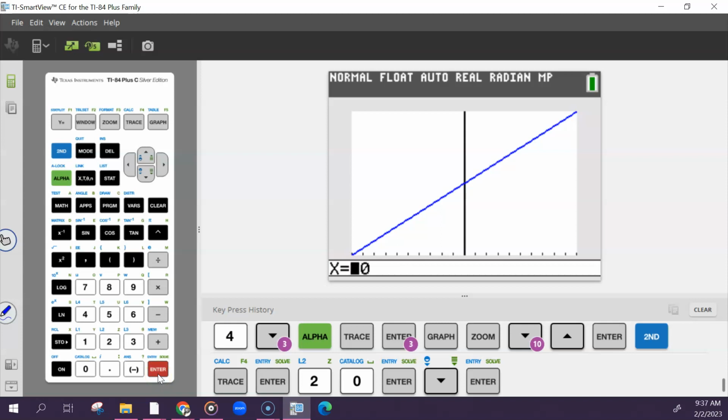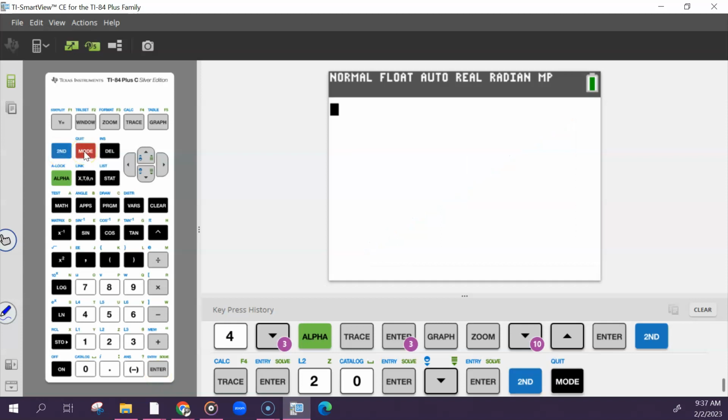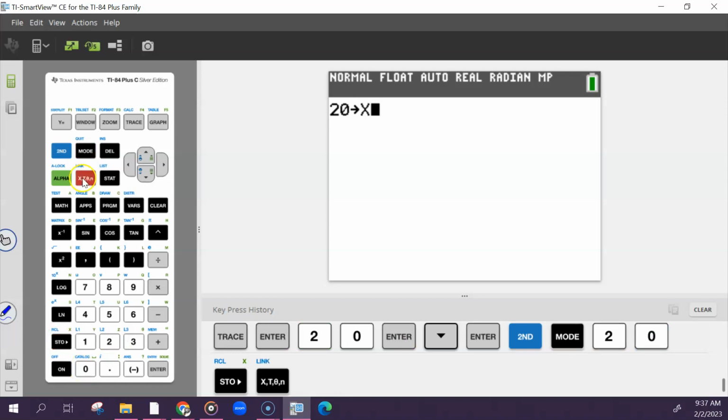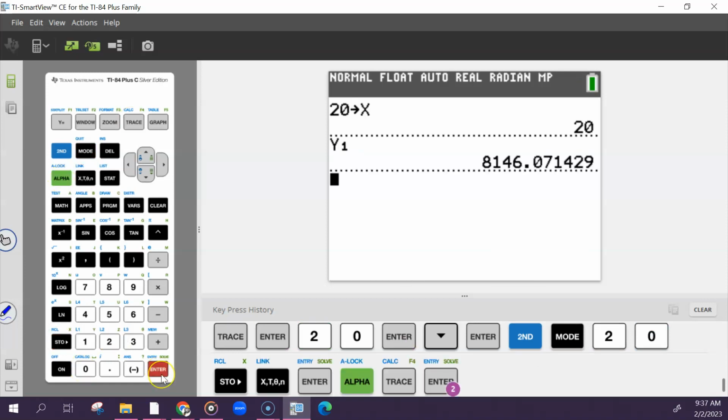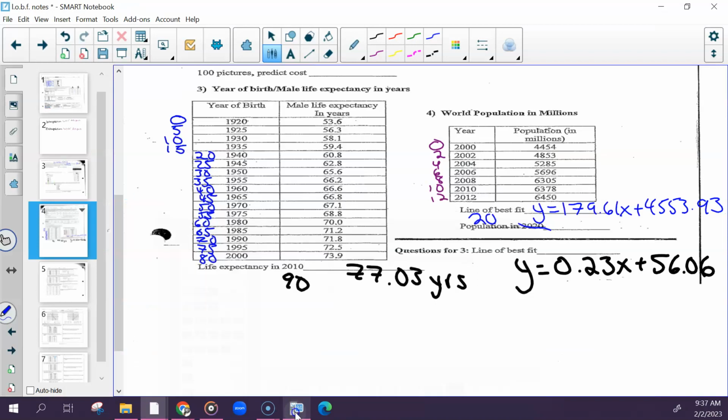So if something like that happens, that's where I would just change my method and go in and store it instead. So 20 STOX and then alpha trace. So that should have been the same number you guys got if you were using Desmos. 8146.07, but it's in millions.